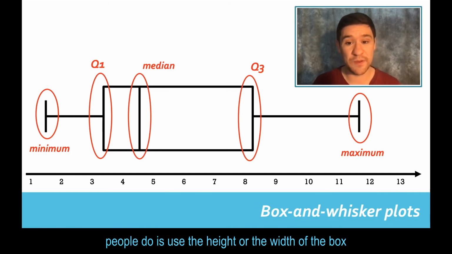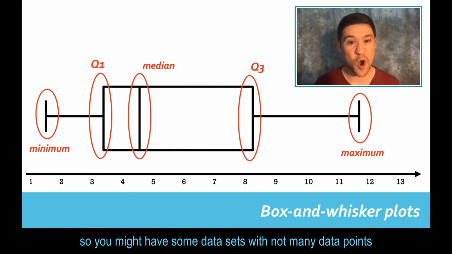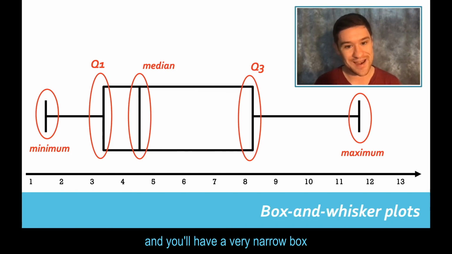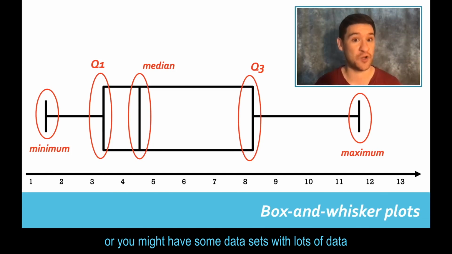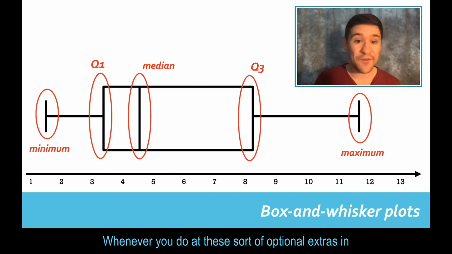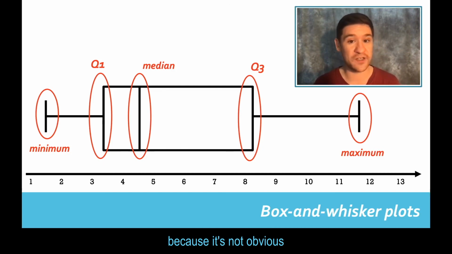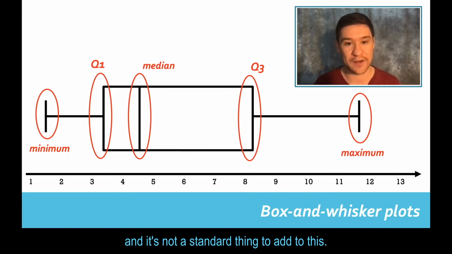And the other thing I've seen people do is use the height or the width of the box to denote how many data points you have. So you might have some data sets with not many data points and you'll have a very narrow box, or you might have some data sets with lots of data points and you'll have a large box. Whenever you do add these sort of optional extras in, you must be really explicit in your write-up that you've done that, because it's not obvious and it's not a standard thing to add to this.